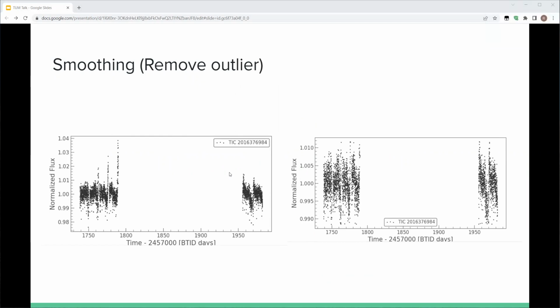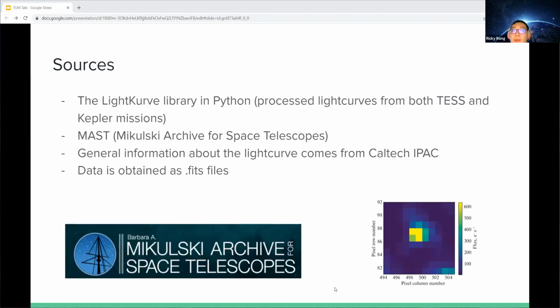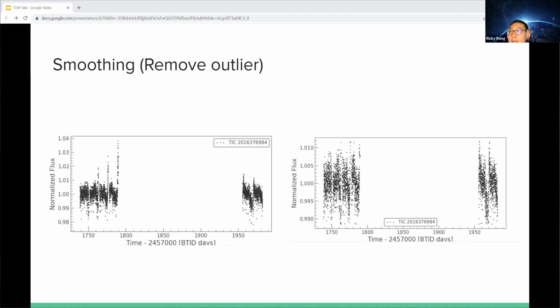Yeah, it's a good question. This is the data that we get directly from our source, from MAST, the Mikulski archive. What happens is NASA already identifies stars with these threshold crossing events.